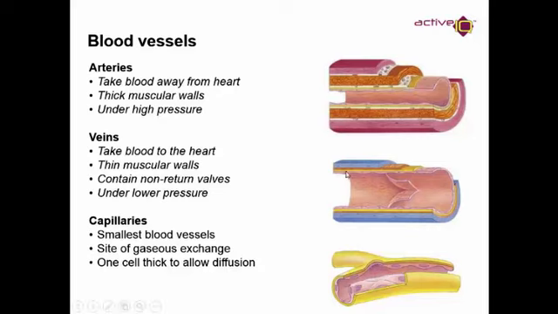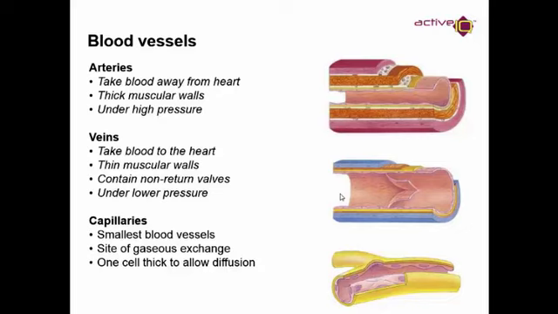The purpose of the valves is to stop the backflow of blood, because there's no pressure in this blood. It's more difficult to get it to flow in the correct direction, and therefore we have valves in the veins that make sure the blood flows correctly. Preventing the backflow of blood is the best way to say it, and that's why we have these little valves in the veins there.